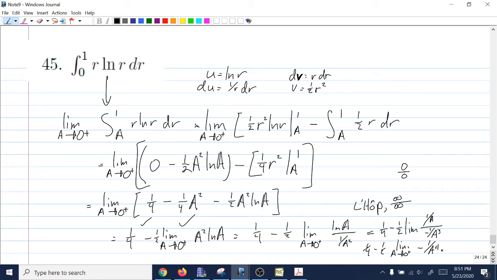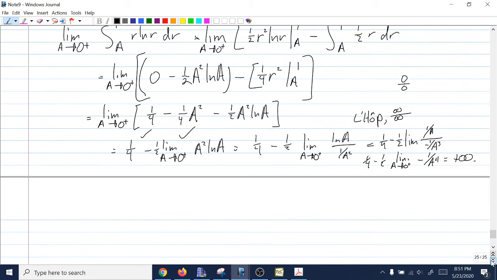That's undefined. It's actually negative infinity, with that minus it is plus infinity. I can say the integral diverges to plus infinity.